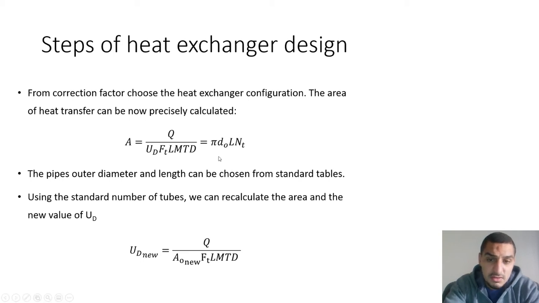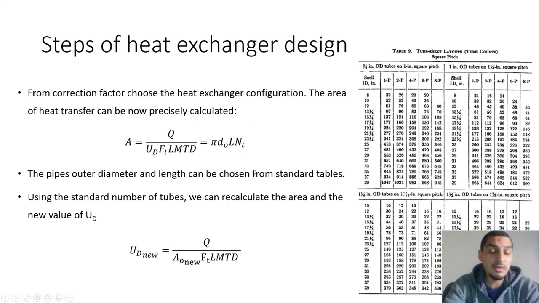Based on the values of D and L and the area, of course, you can calculate the number of tubes that we need. But actually, the number of tubes is standard. There are standard values for the number of tubes, so you cannot just pick the number that you calculated and go with it. So you would find tables like these. Let's say this is for square pitch, and we are using 1 inch outside diameter, and I'm going for two shell passes, for instance.